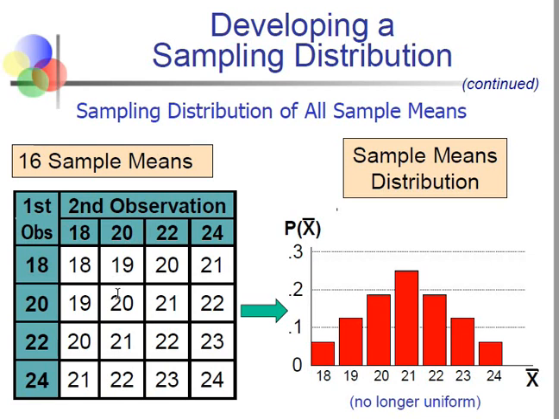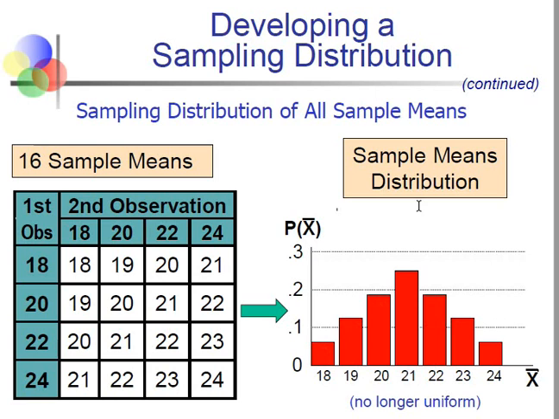What is the probability of obtaining a mean of 19? We have 2 of them, so 2 divided by 16, just above 0.1. For 20, we have 3 of them, so 3 divided by 16. The total number of possible outcomes is 16. These are the probabilities, and we see that it has that shape.